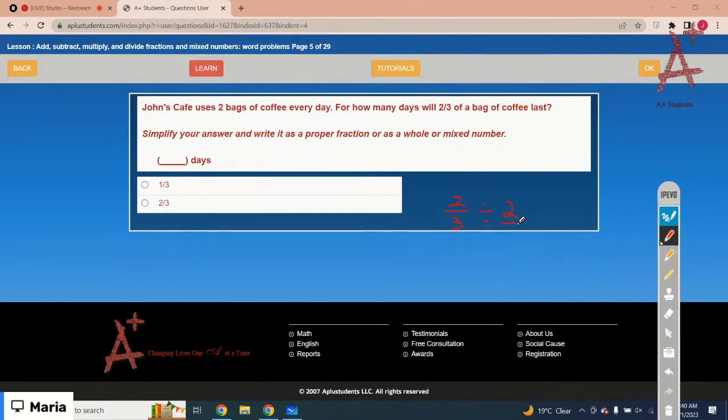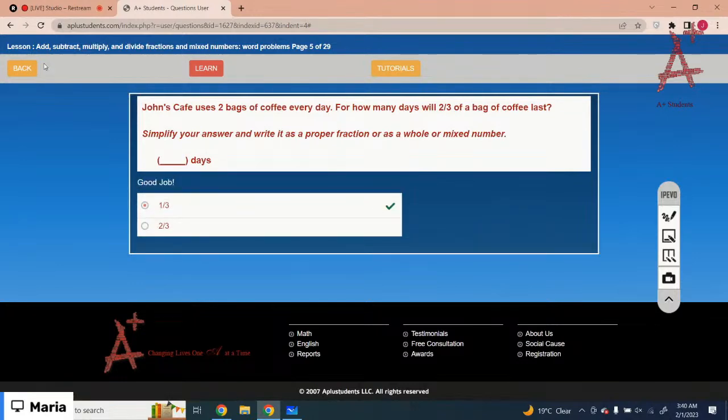So replace the division sign with multiplication. It would be 1 over 2, and 2 and 2 cancel out each other, and you are left with 1 over 3. That means it would last 1 over 3 of a day. The correct option is 1 over 3.